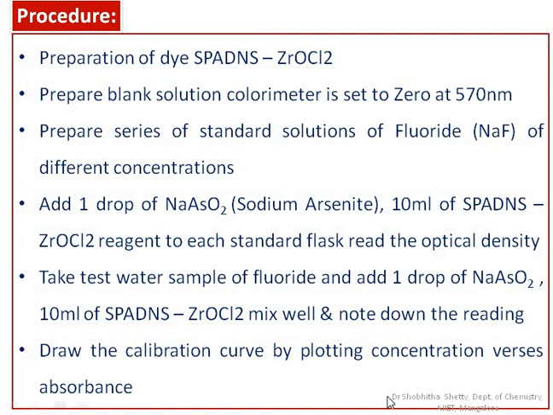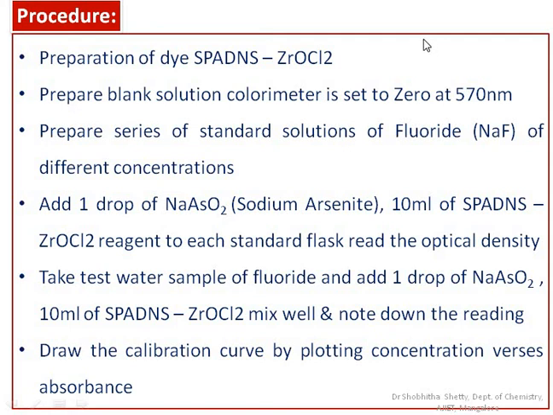First, we need to dissolve this SPANS azo compound in distilled water and dilute it, and again dissolve separately zirconyl chloride octahydrate, ZrCl2 8H2O, in distilled water. For this we need to add HCl, and again dilute with distilled water.